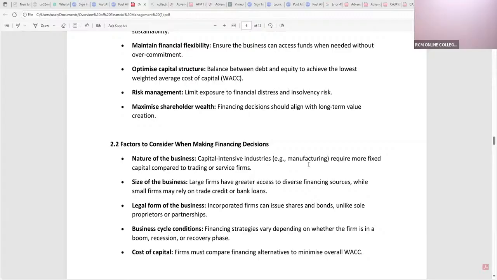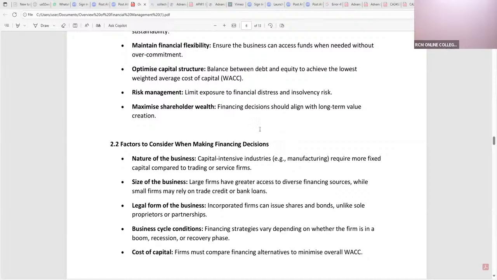Here automatically will need more capital compared to a service organization like, for example, RCM. I mean, what capital would we really need? We are teaching using a very cheap camera. We are teaching, in this case, using Zoom, which costs us almost nothing. So the nature of the business will really matter. It's a factor that we have to consider when making financing decisions.